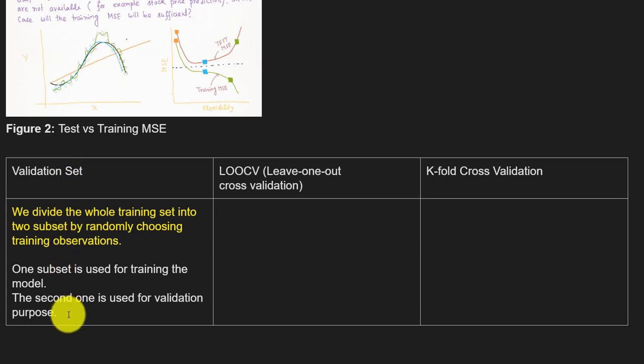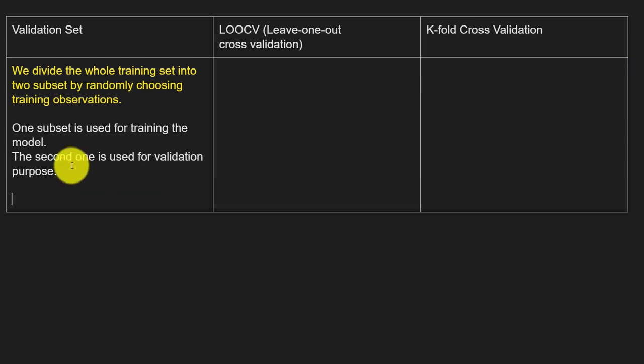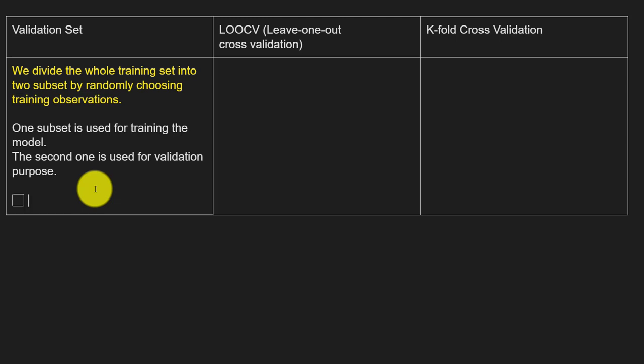Now let me talk about the drawbacks of the validation set approach. As we are choosing observations randomly, each time I choose a particular training set and validate it, the randomness increases, because each time the training data set is chosen randomly.